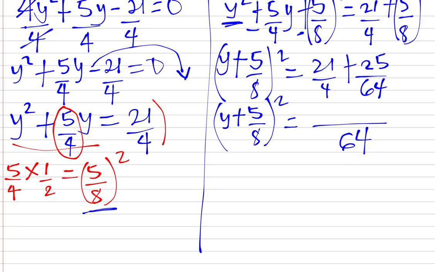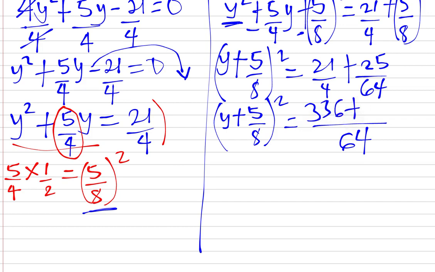Are you seeing that now? I'm sure you know how I got the LCM. The reason why I said 64 is because 4 can go in 64, and 4 in 64 will give us 16.